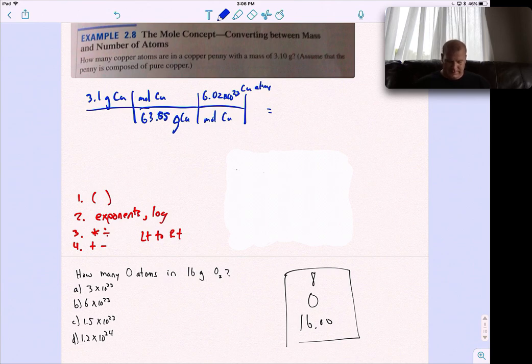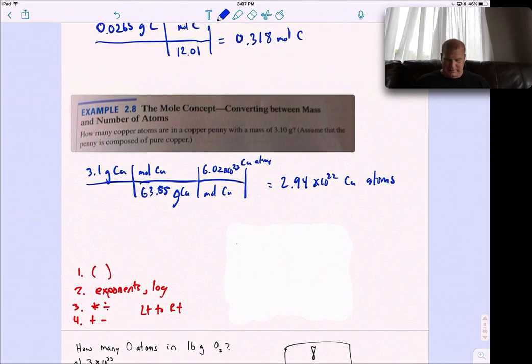And from that we get 2.94 times 10 to the 22 Cu atoms. And I had 2 sig figs from 3.1 grams. Actually, I think I will take a picture of this because I can illustrate a point.